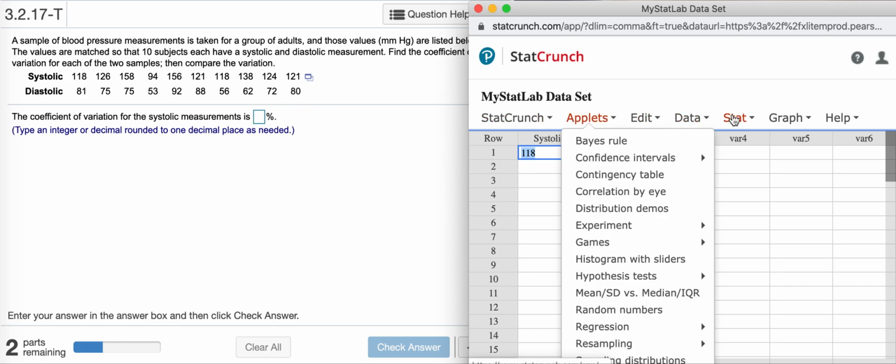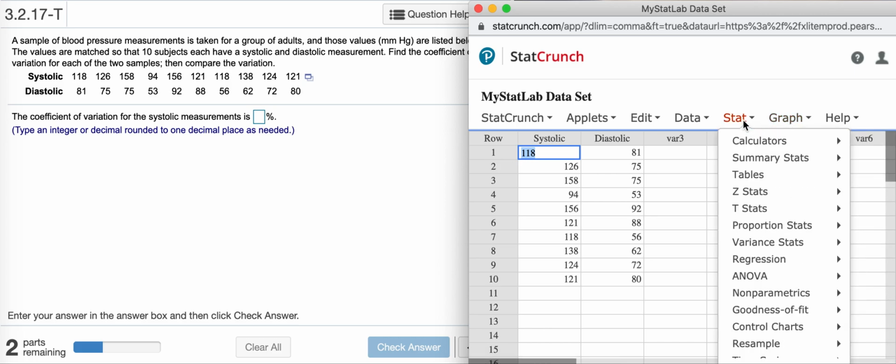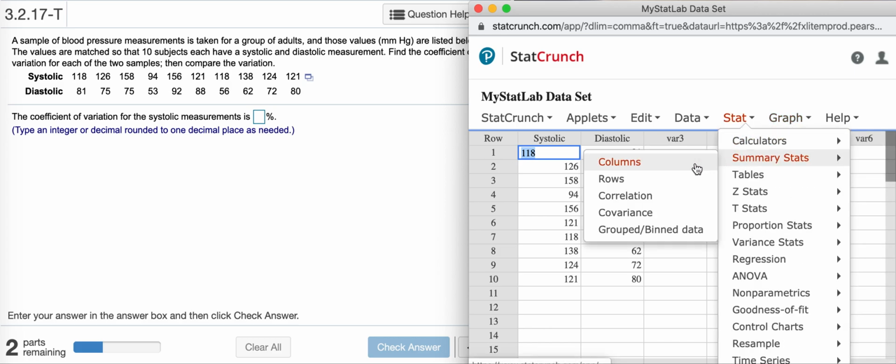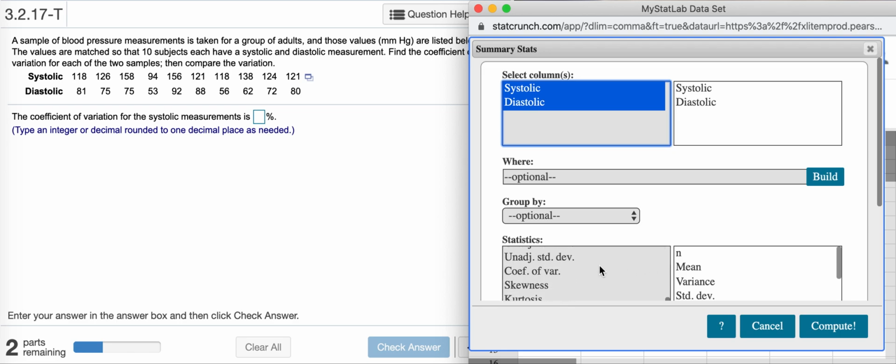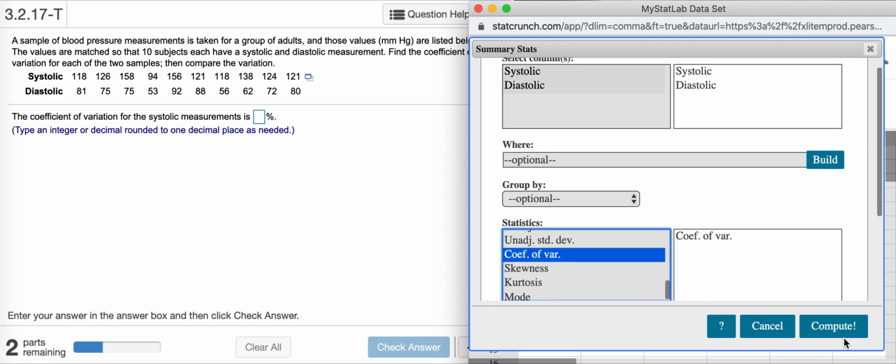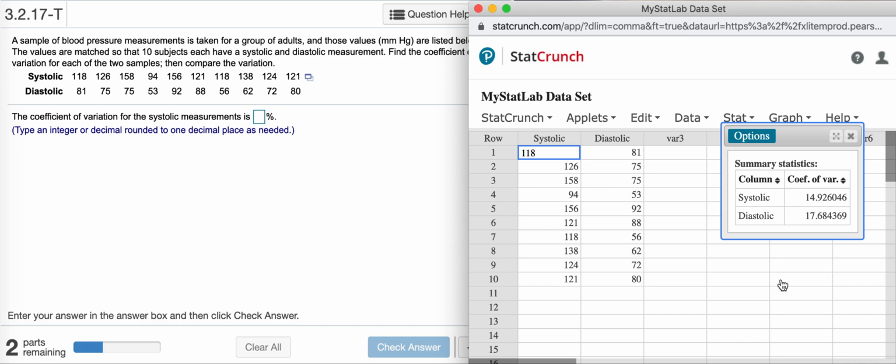And I'm going to compute the coefficient of variation for each. So go Stat, Summary Stats, Columns. This time I'm going to choose both columns. And if we go down our list, you will see that there is an option for coefficient of variation. Press compute, and I've got the coefficient of variation for each.